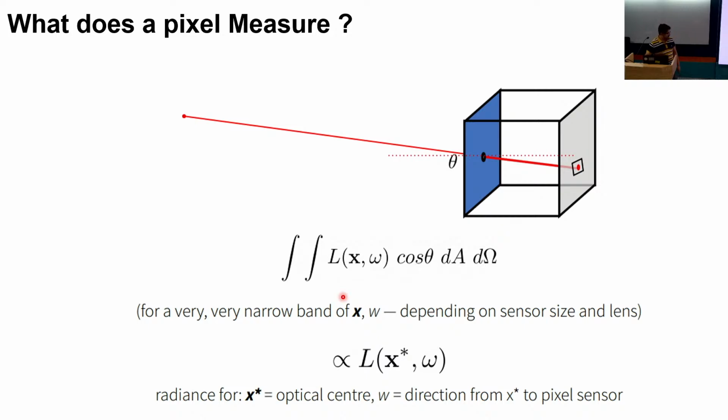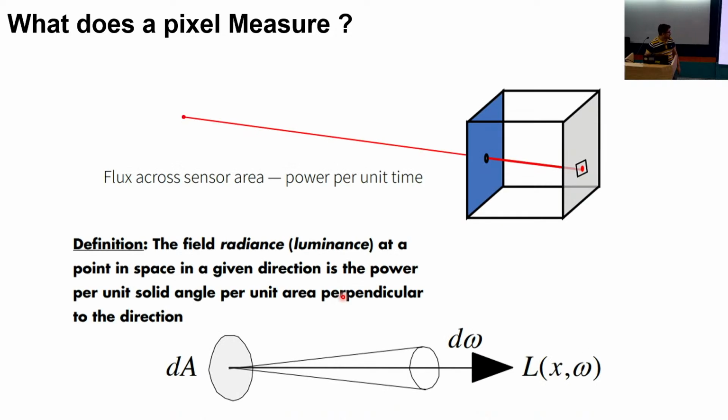Another thing is why this luminance is important for us: because of its directional nature. For example, if I want to get a 3D mesh or any 3D representation, the concept here is that I also want to model how the light is falling onto it. To model this, luminance is very important because it has the directional component.